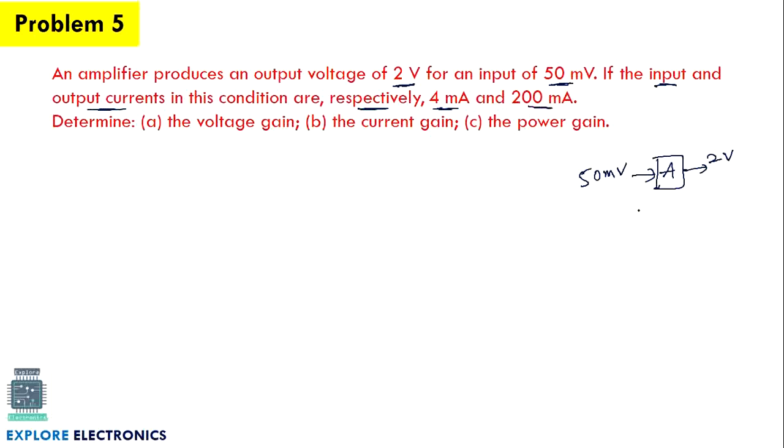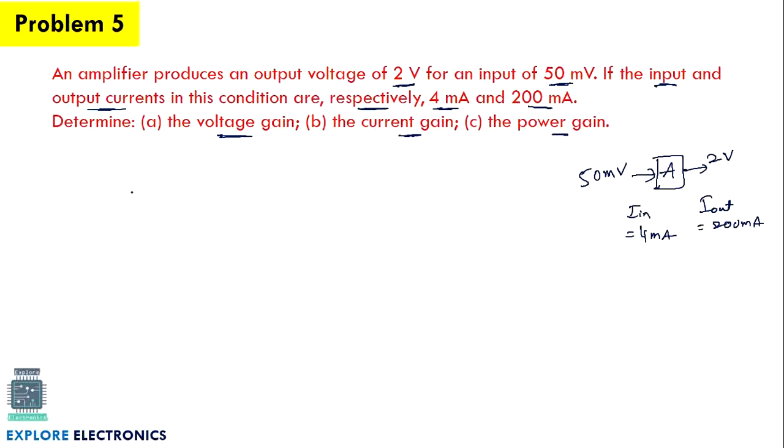Here let me take the input current, I at input it is 4 milliamps and I at output is 200 milliamps. What we need to calculate? We need to calculate the voltage gain and also the current gain and power gain.